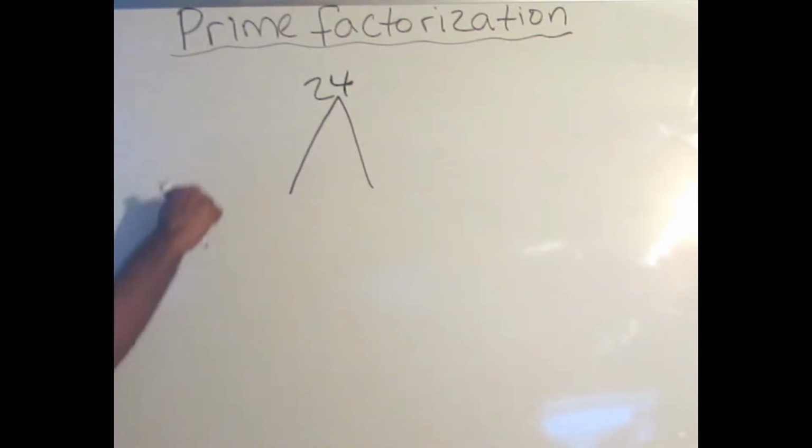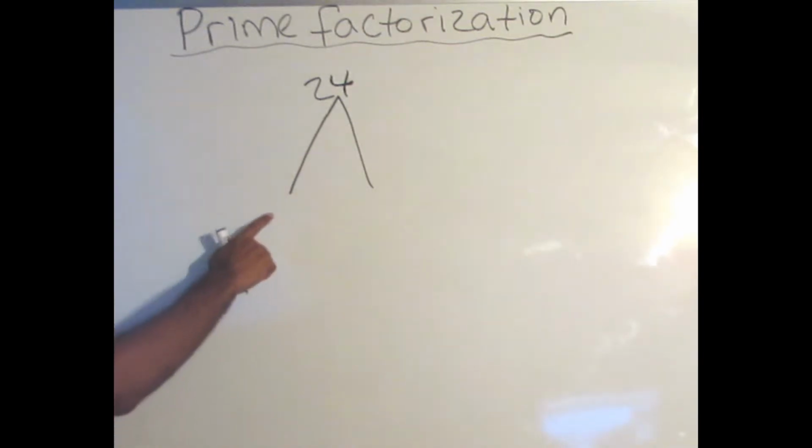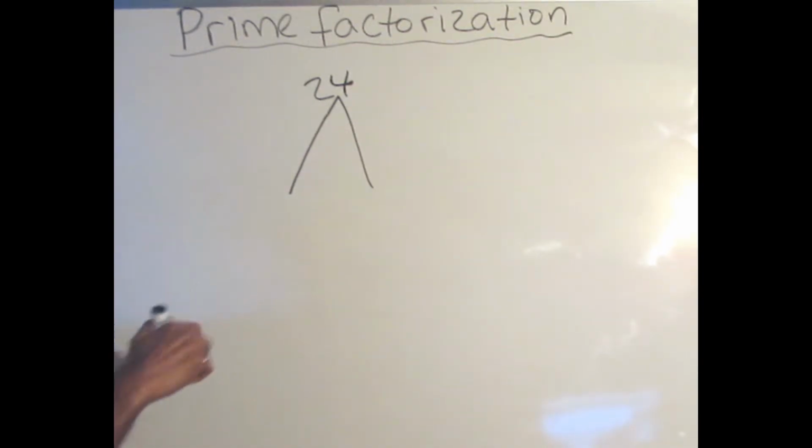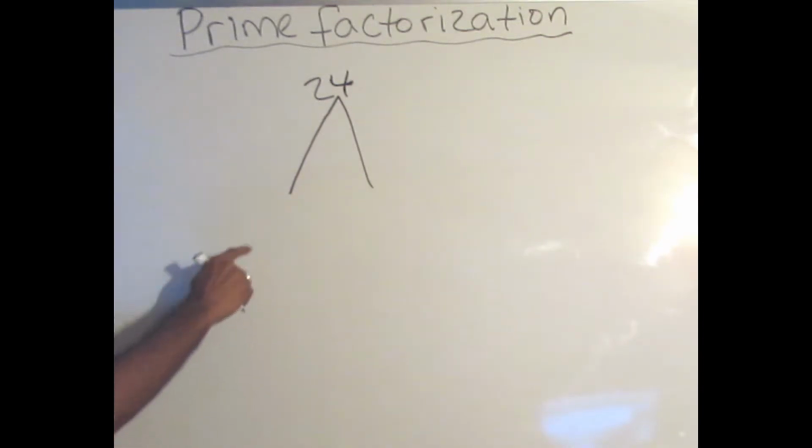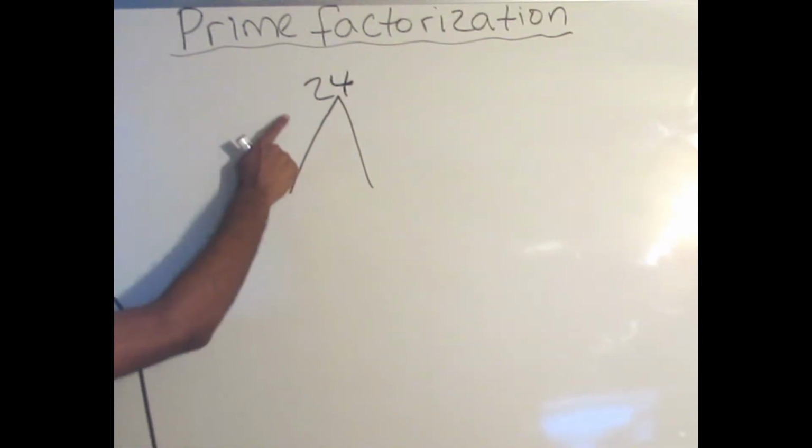As you can see, we're finding the prime factorization of numbers, and we want to start with finding the prime factorization of 24. So what do we mean by prime factorization? It means that we're looking for all the prime numbers in this set.